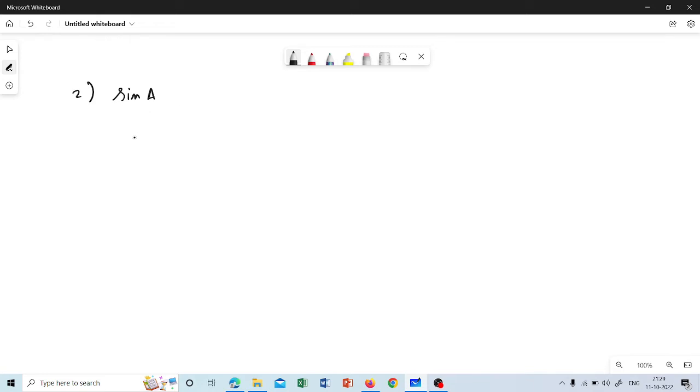Sine A is nothing but... we know 1 plus tan square A is equal to secant square A. Using this identity, we can do it, but I don't want to complicate it by going this way.